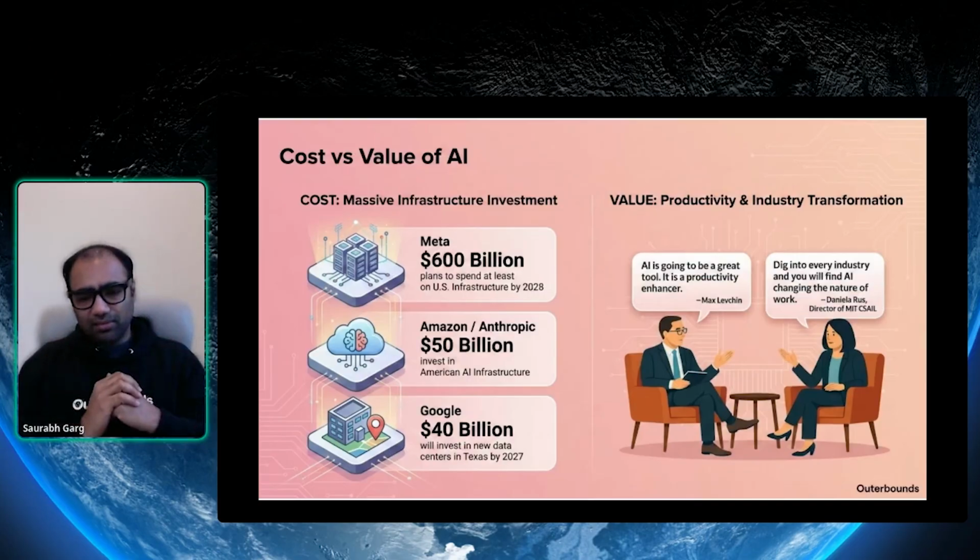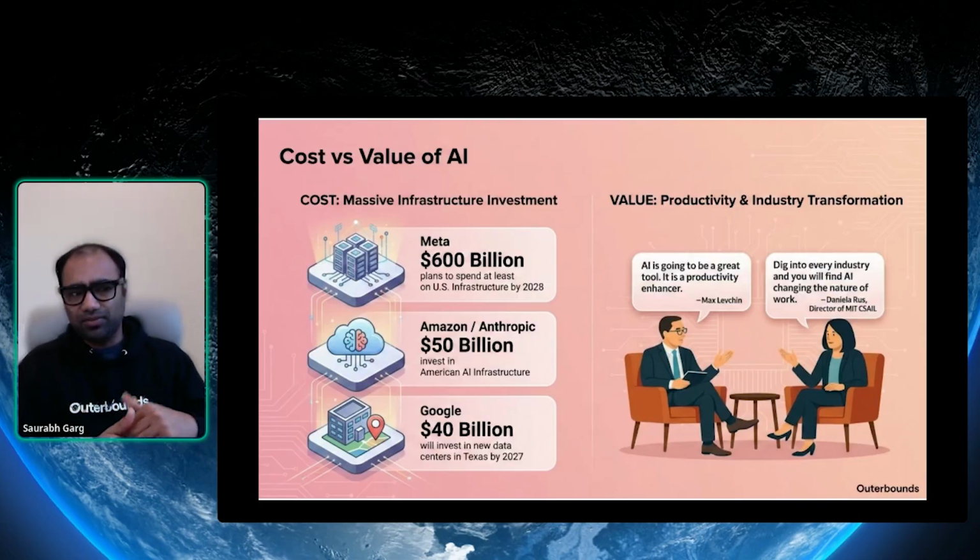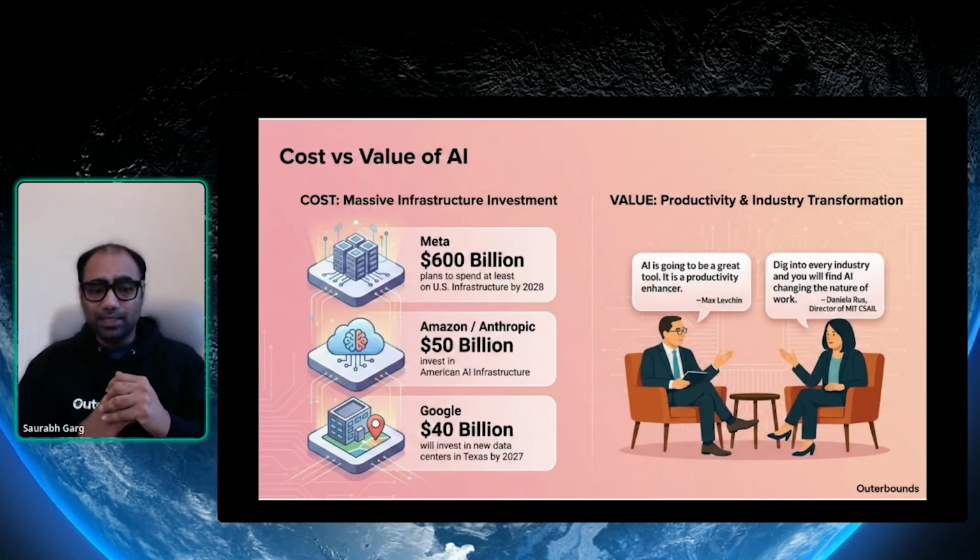If you think about the massive amounts of investments that are going into data centers and or infrastructure, it is mind-boggling to think that industry leaders like Meta have decided to spend $600 billion on US infrastructure by 2028, or Amazon and Anthropic have decided, hey, we are going to spend about $50 billion in AI infrastructure, with Google pledging about $40 billion to invest in new data centers in Texas by 2027.